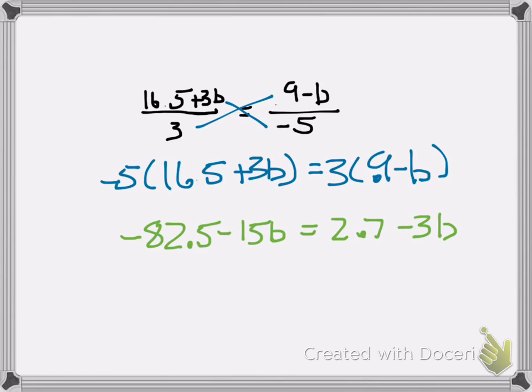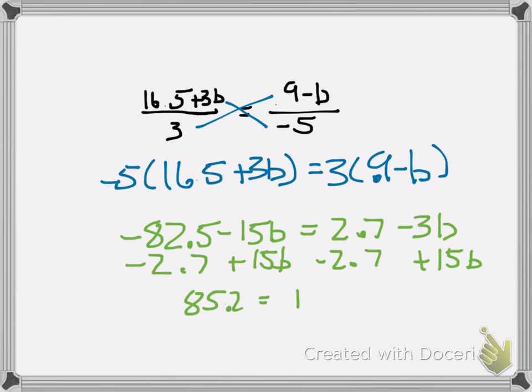I can subtract 2.7 from both sides. And I can also add 15b to both sides. That'll give me negative 85.2 equals 12b. Divided by 12, divided by 12. B equals negative 7.1.